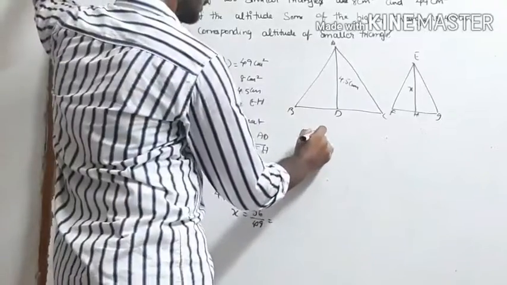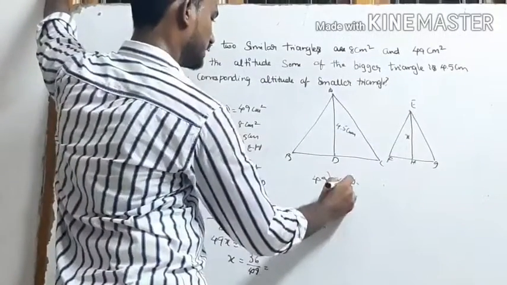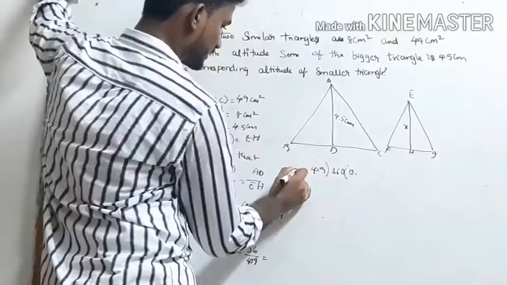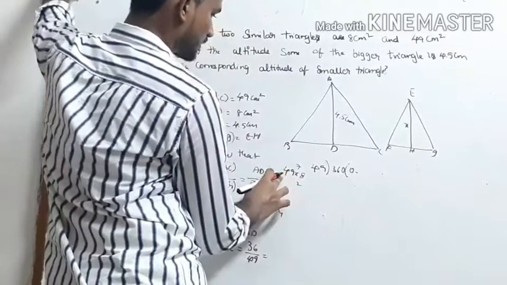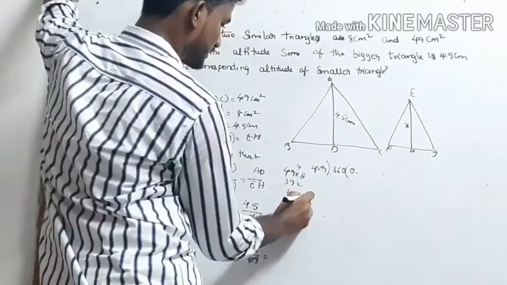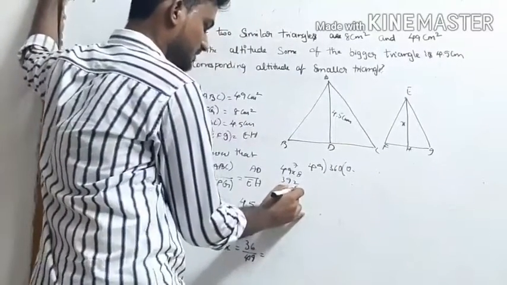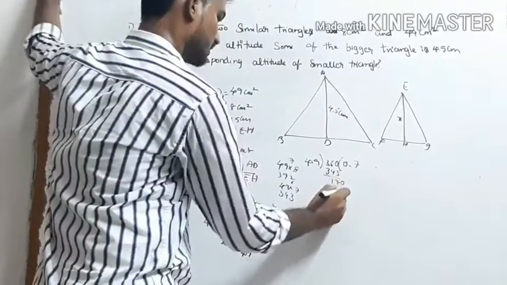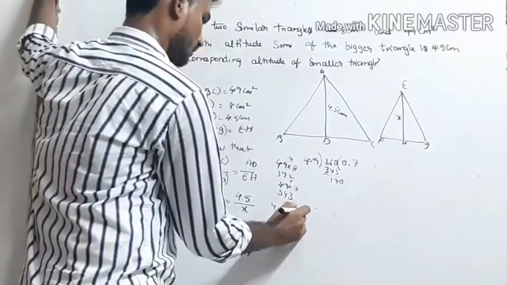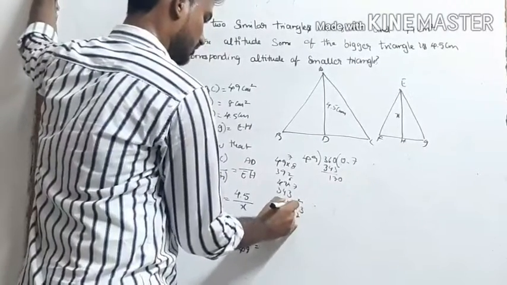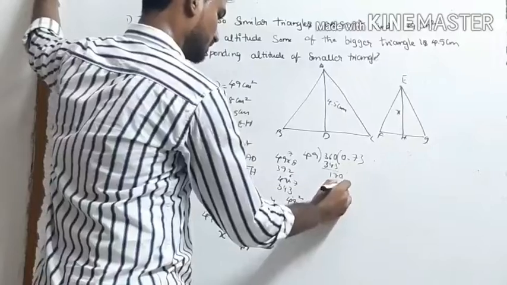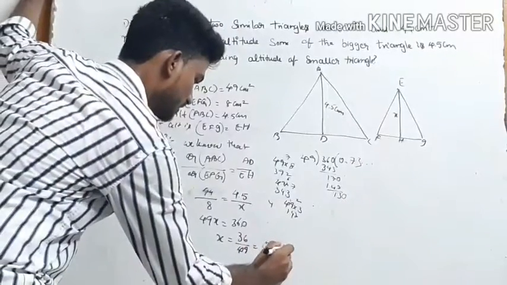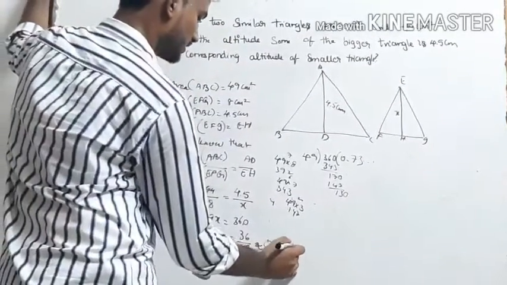Doing the division, we get approximately 0.73. So x is approximately 0.73 centimeters.